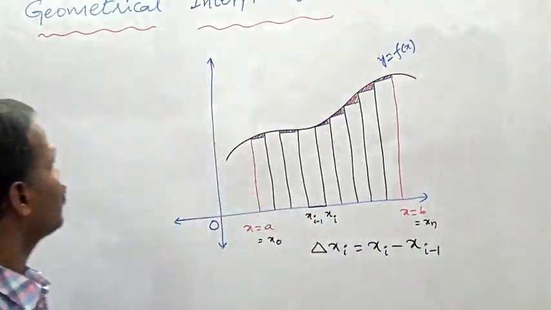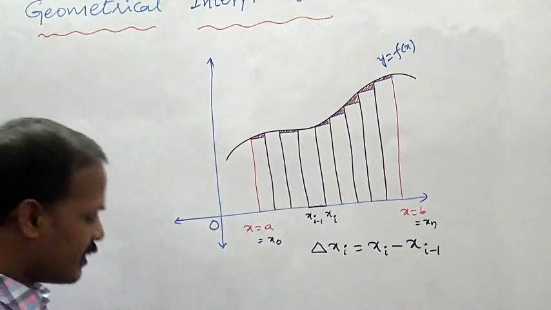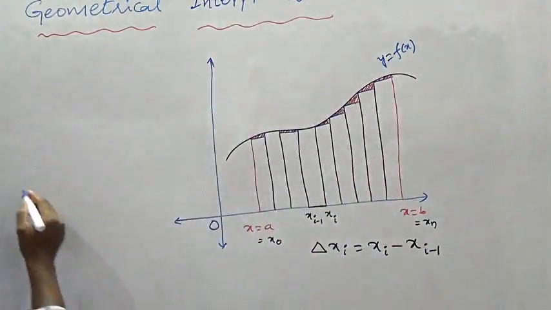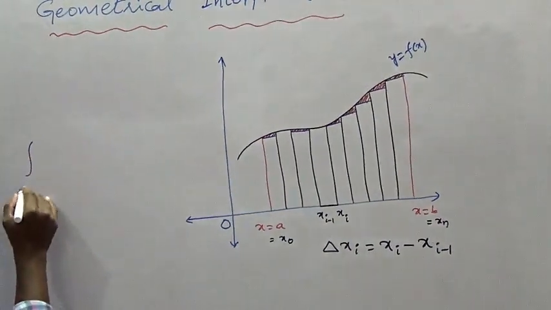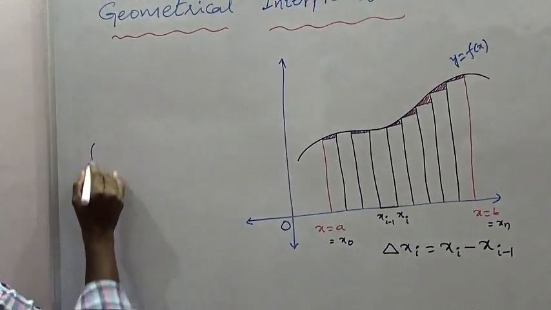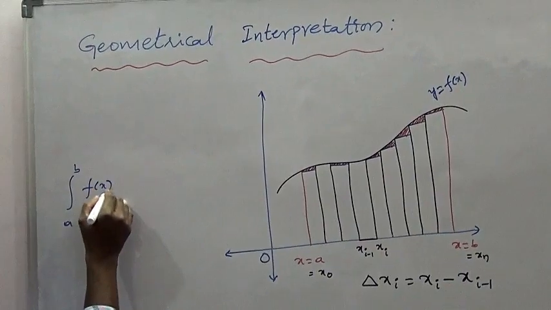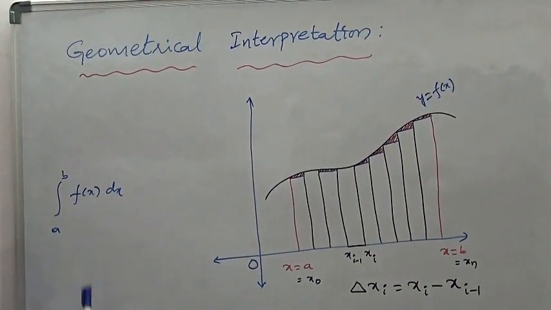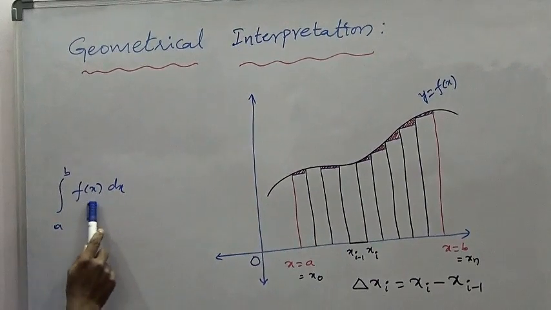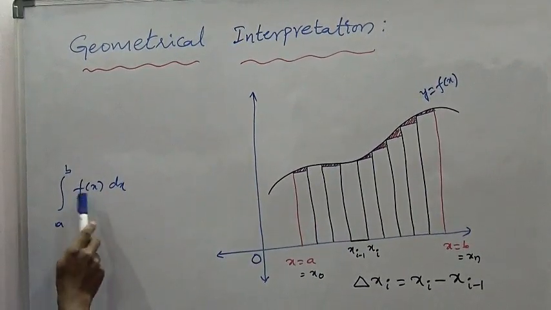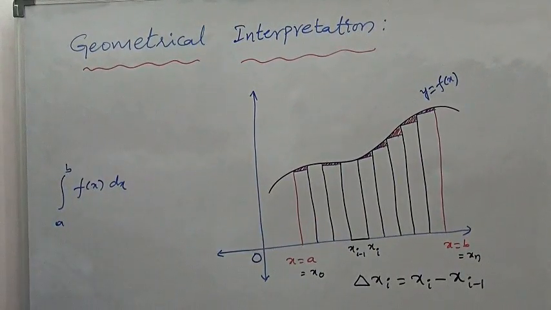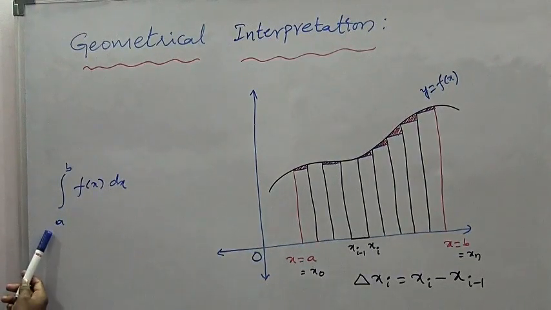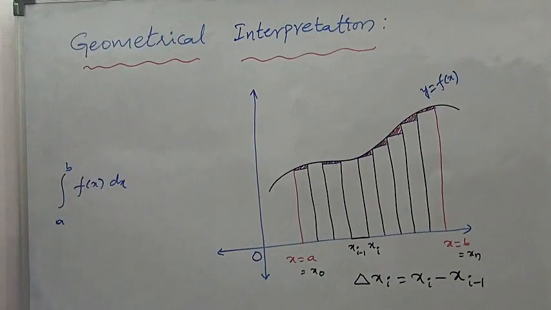Okay. So actually, finding the definite integral, for example, a to b f of x dx, means we are going to find the area under this curve, within the limits of the x axis and the ordinates x equal to a and x equal to b.